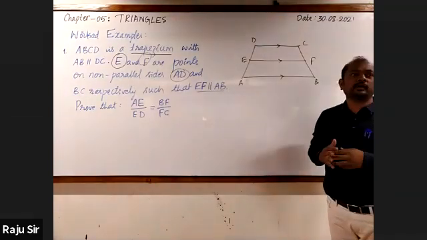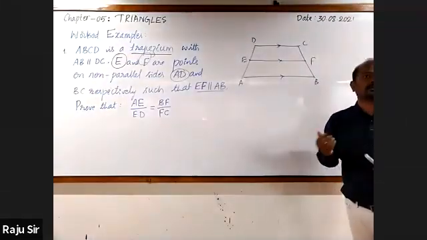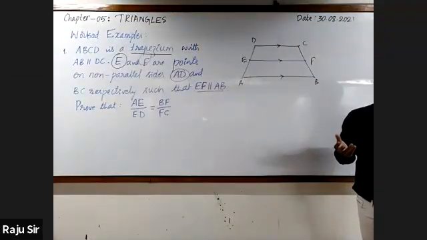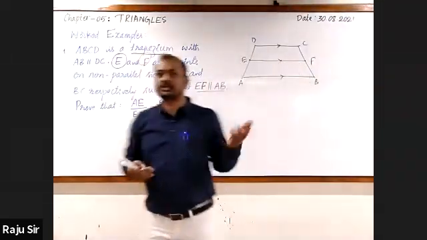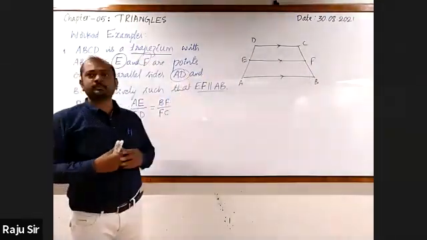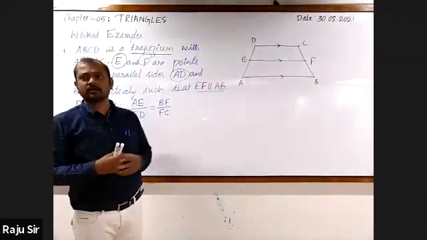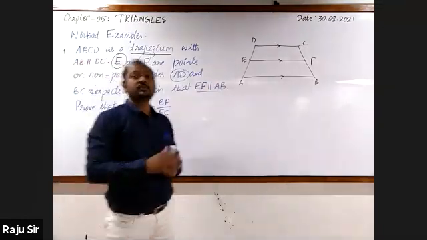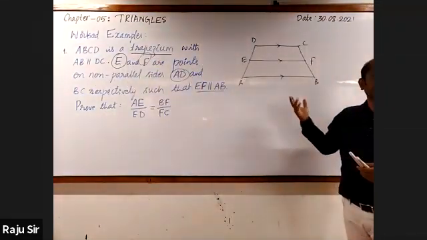Then how do you go for proving this? Obviously, it should be proved based on the basic proportionality theorem only, because so far we have learned that statement. To use the basic proportionality theorem, we need a triangle. Is there a triangle? No. Hence, to form a triangle, it needs construction.